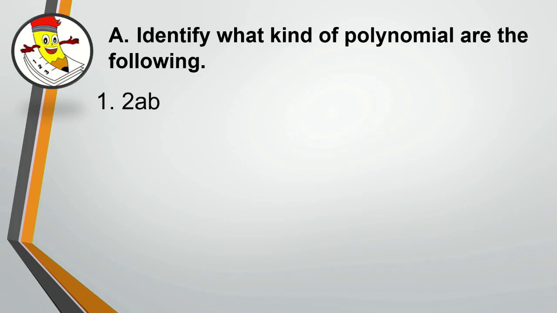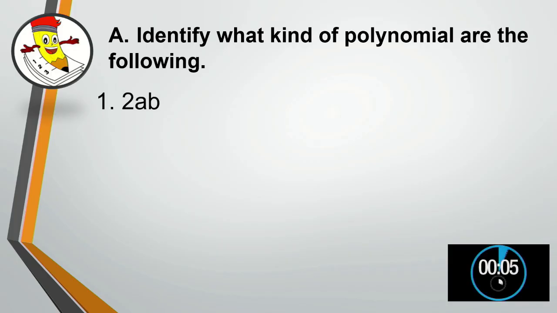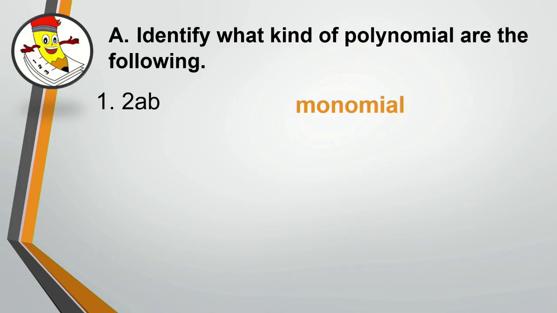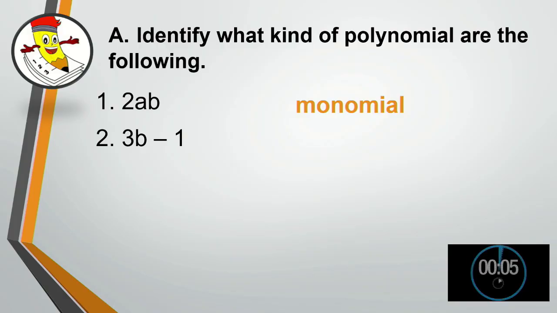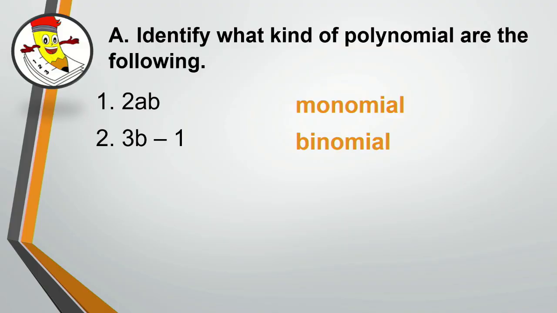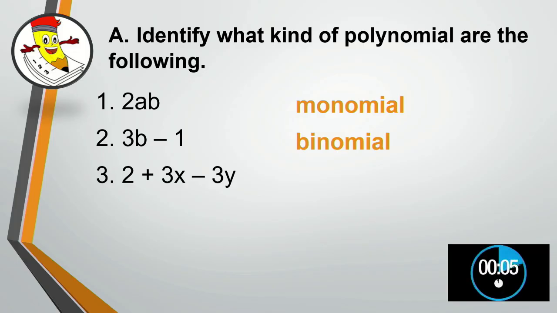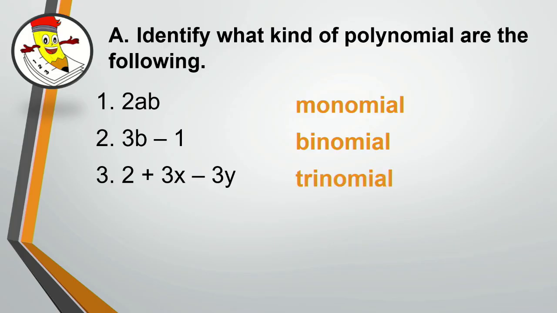Number 1, 2ab. The correct answer is monomial. Number 2, 3b minus 1. The correct answer is binomial. Number 3, 2 plus 3x minus 3y. Trinomial.